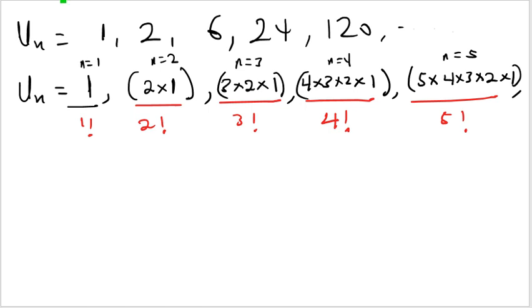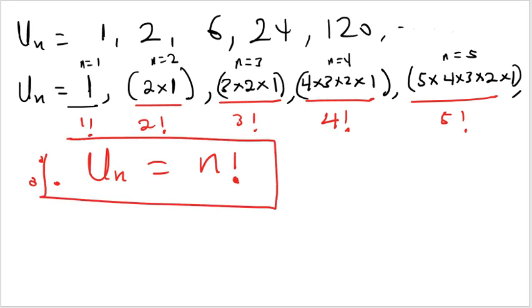The second term is 2 factorial, the third term is 3 factorial, the fourth term is 4 factorial, and the fifth term is 5 factorial. If I tell you to find the sixth term, it will just be 6 factorial. Therefore, we can conclude that the nth term, which is un, is given by n factorial. And that is the definition.